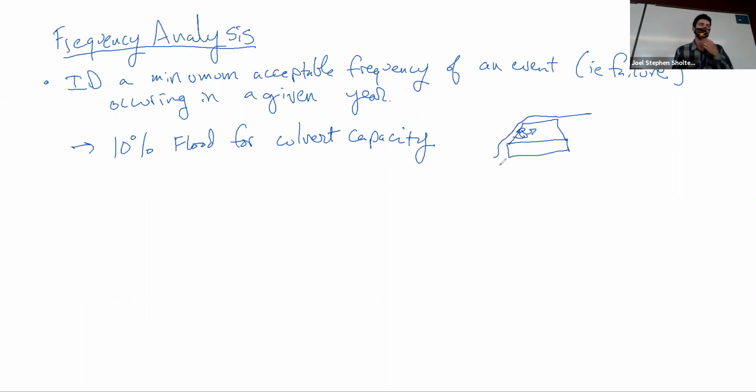That could be bad. Or you could scour out down here and this could fail. So depending on the flood events, maybe the whole crossing could fail.